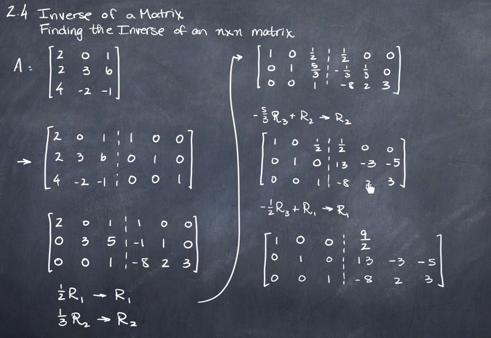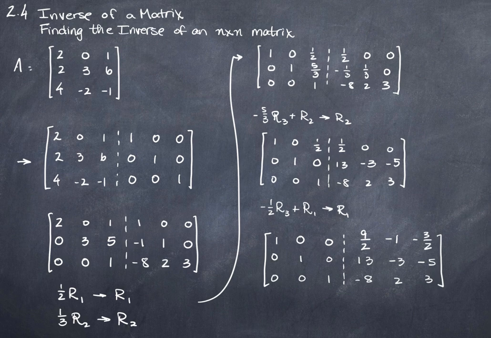And I have negative 1/2 times 2, which is 1 plus 0, and negative 1/2 times 3, which is negative 3/2 plus 0. And I've just noticed I made a mistake in this entry here. I should have had negative 1/2 times 2 is negative 1 plus 0, so that should be a negative.